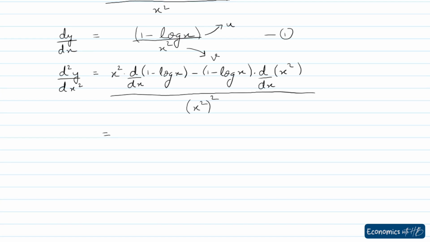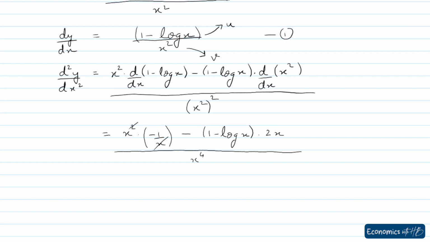We get x square into minus 1 by x, because the derivative of log x is 1 by x, minus 1 minus log x as it is, into 2x over x to the power 4.